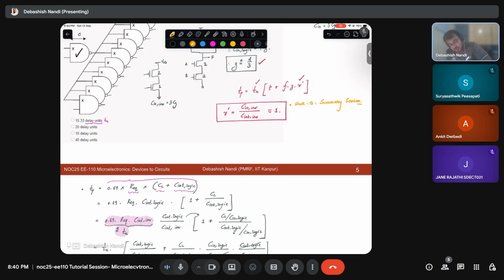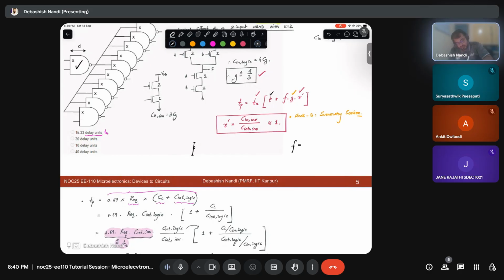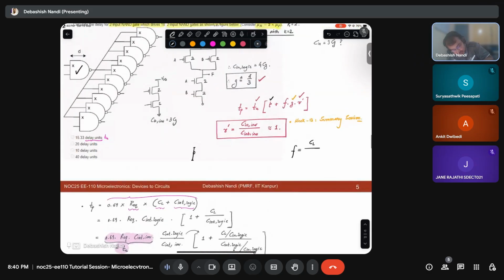So gamma dash we have, G also we have. So we need to calculate F and P. We have said this electrical fan out is 10, I guess. So F is equal to, what was F? It was CL by C in logic, right? So this is the gate.